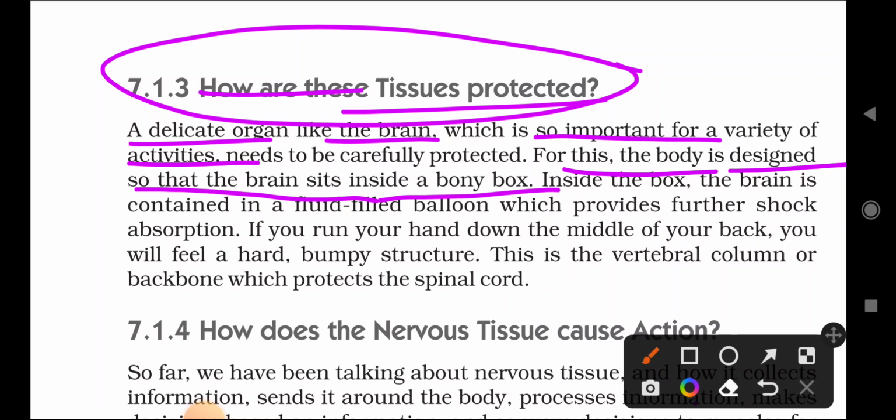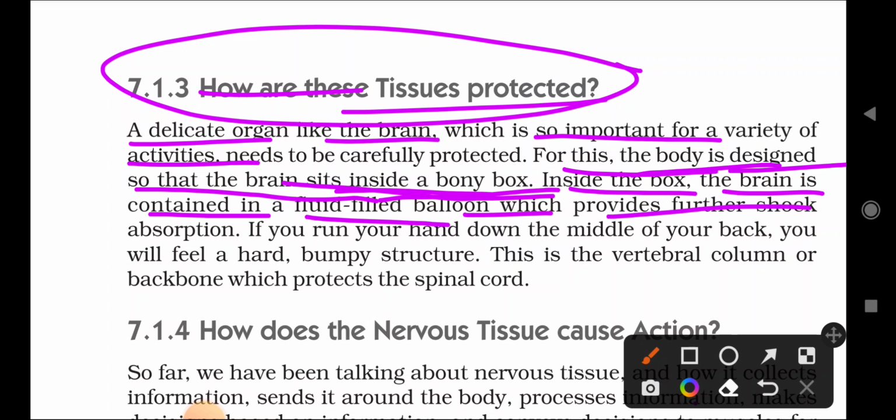Inside the bony box, the brain is contained in a fluid-filled balloon which provides further shock absorption.